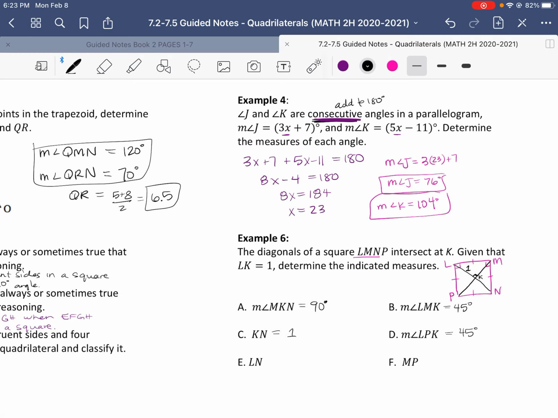It's also 45 degrees. L to N, so if we're going here to here, that's the full diagonal. So if half of it was 1, the other half was 1, then total that would be equal to 2. And lastly, we have MP, which is the other diagonal. And remember, the diagonals in a rectangle, which a square is a special case of, are equivalent, so it's also equal to 2.